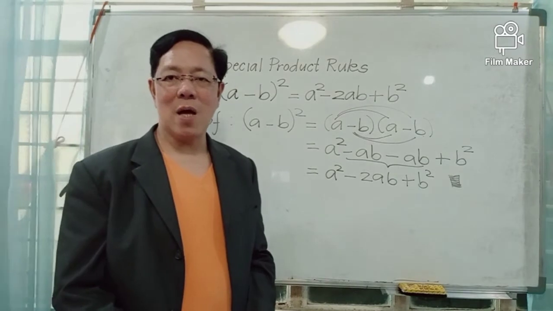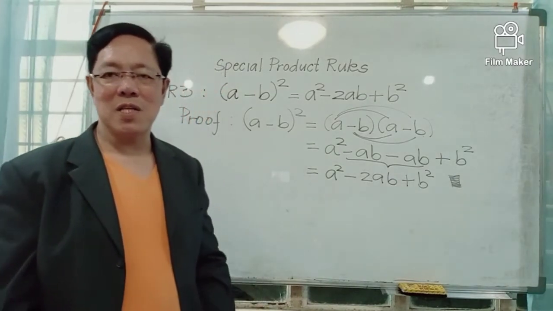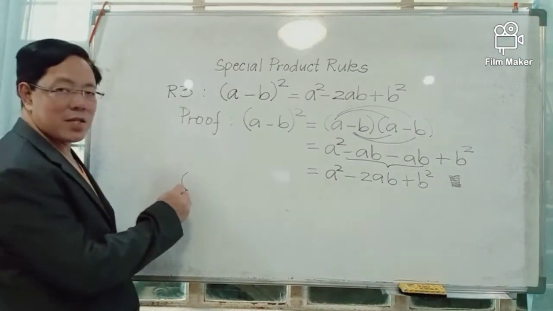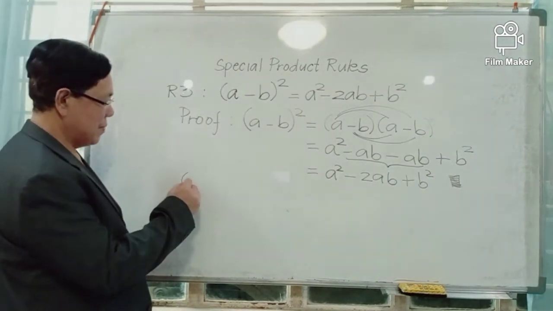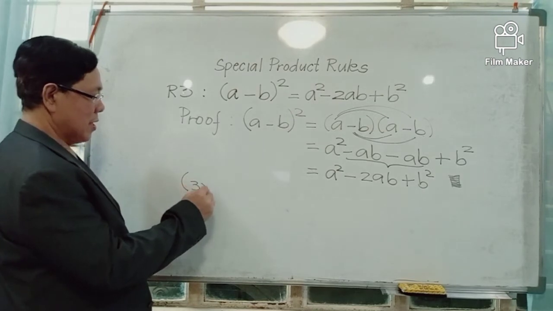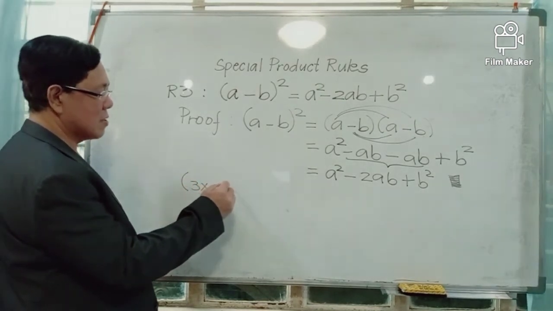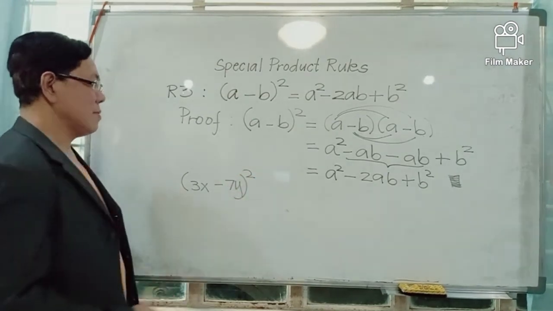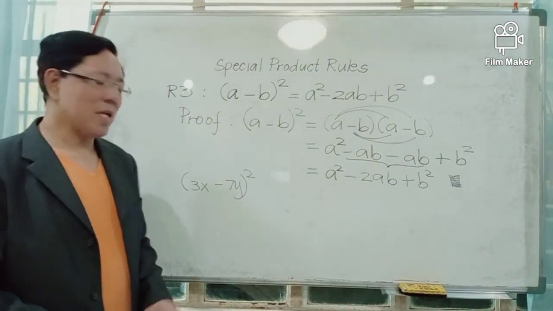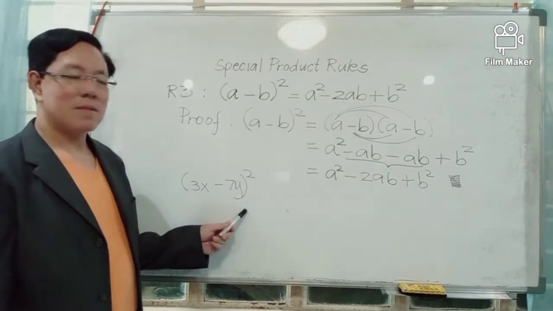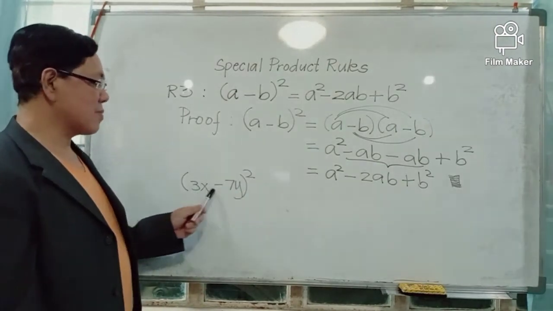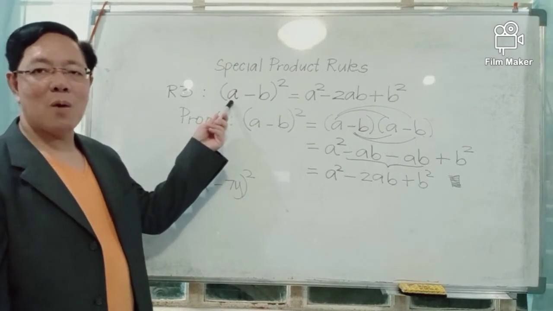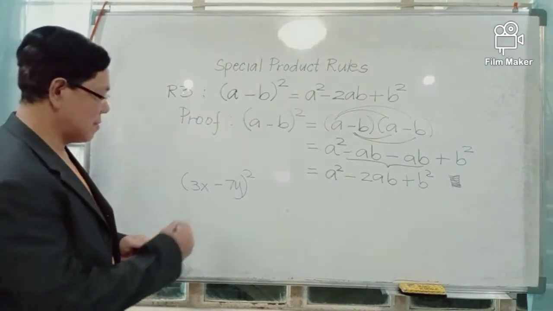We now take an example for applying the third special product rule to get the square of 3x minus 7y. We want the square of 3x minus 7y. Comparing with the third special product rule, our A is 3x.